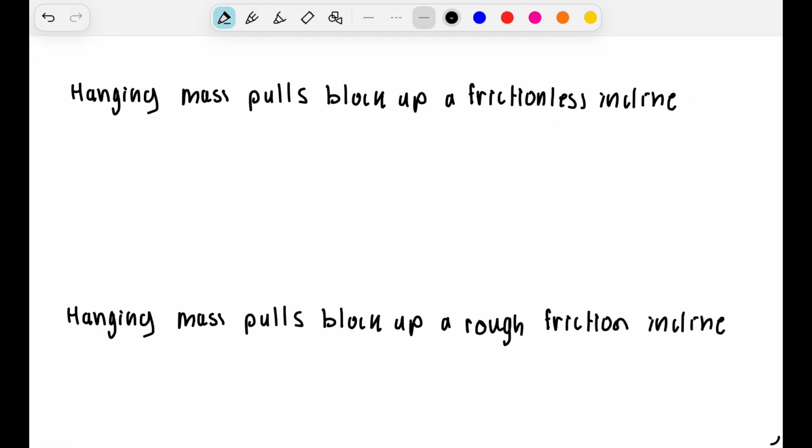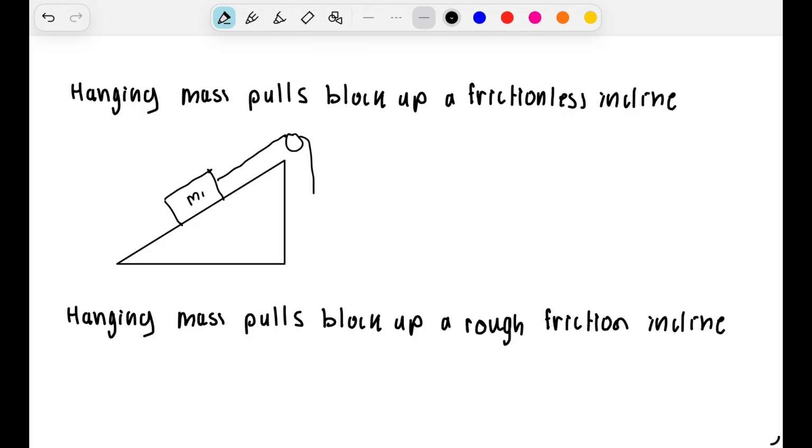What if we have a hanging mass that pulls up a frictionless incline? So let's just draw this out. If we have this hanging mass, we have M1 on the incline, and you're going to have this pulley, and on the other side, you're going to have an M2.